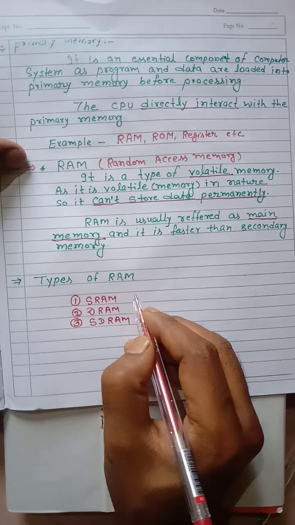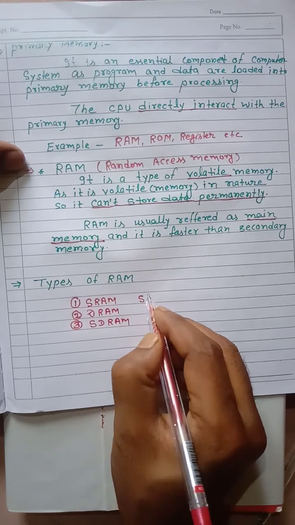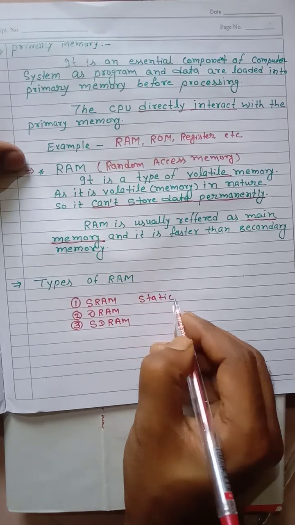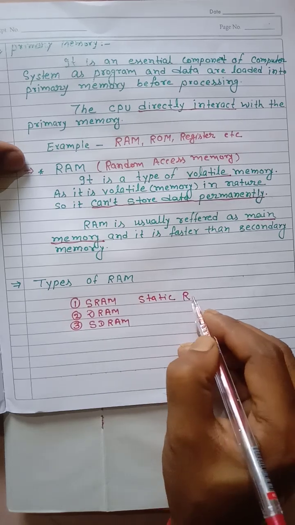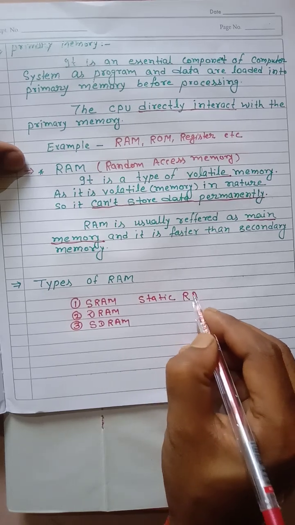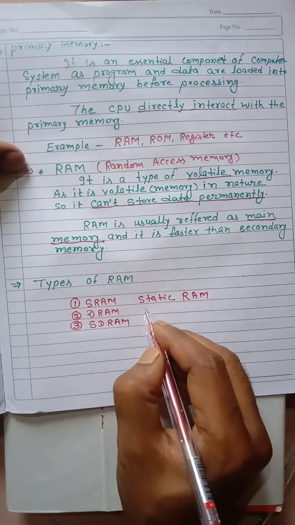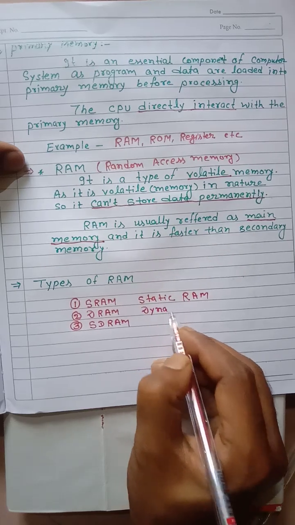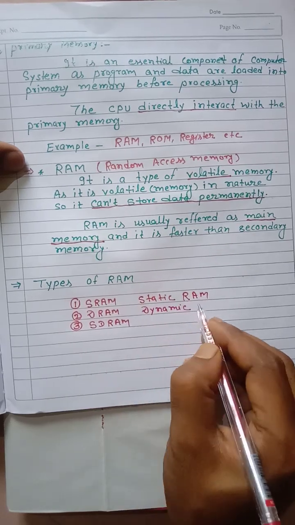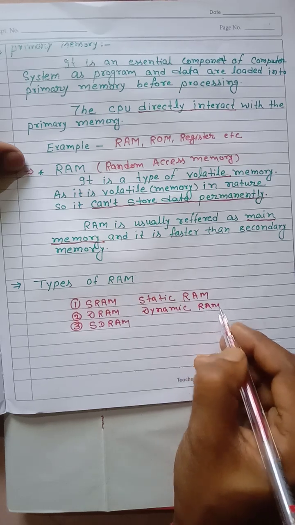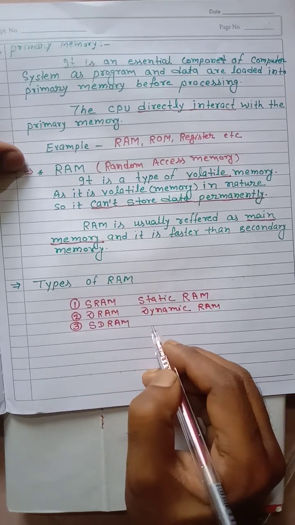What is the full form of SRAM? SRAM stands for static random access memory. Second one is dynamic RAM. Third one is SDRAM.